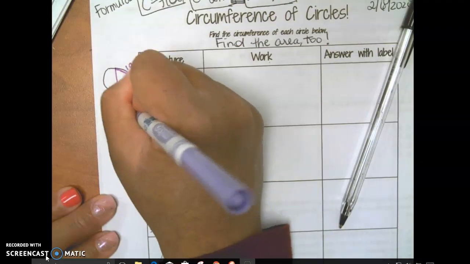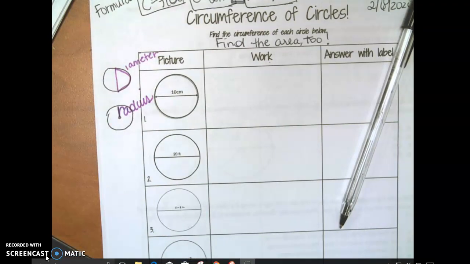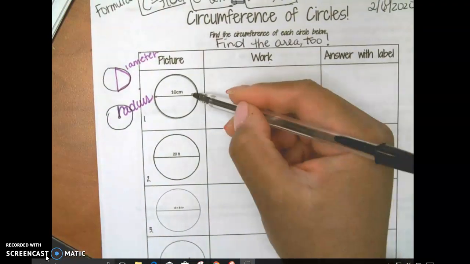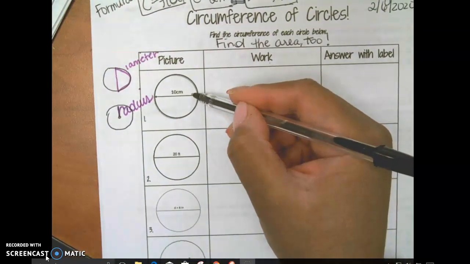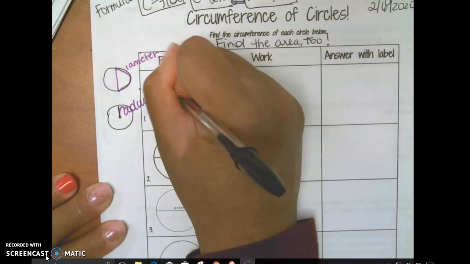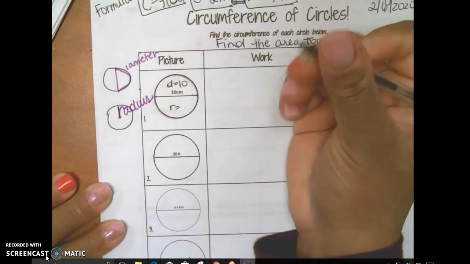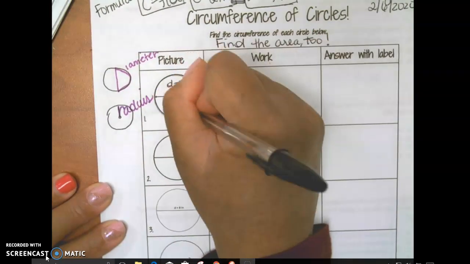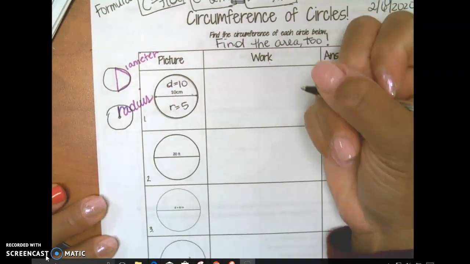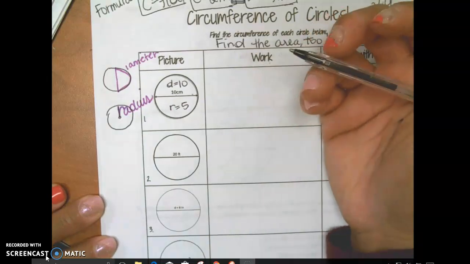The radius. Okay? So, looking at this picture here, what measurement have they given me? The diameter. Diameter equals 10. So then what is my radius? My radius is 5. What did you do? You cut it in half, divided by 2.